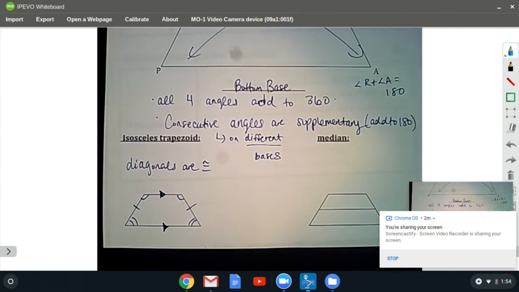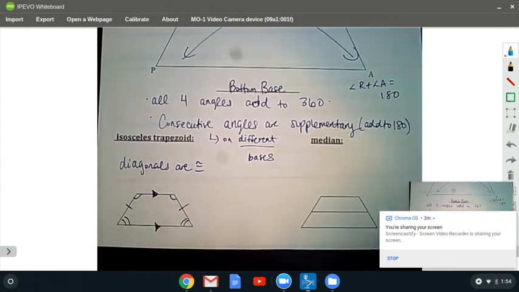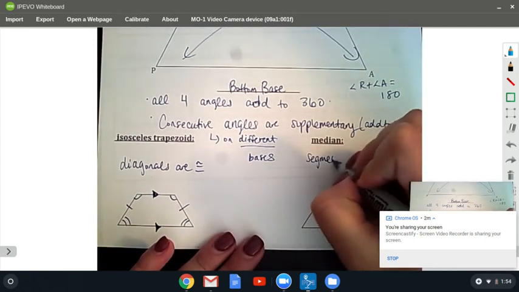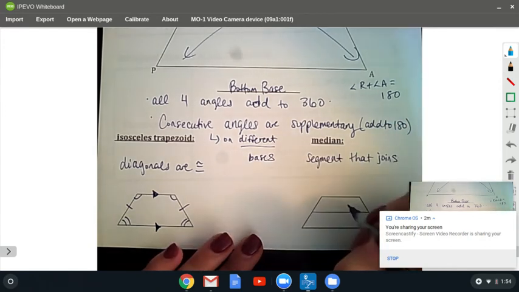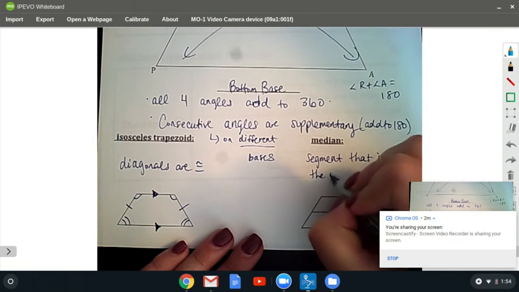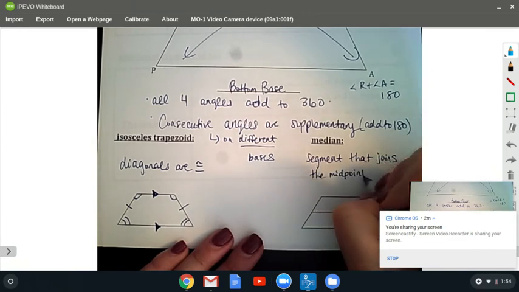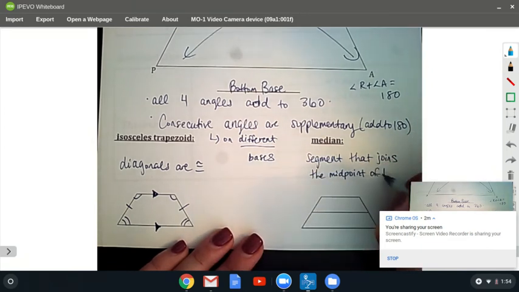Then we have our median, which is a segment that joins the midpoint of the legs.